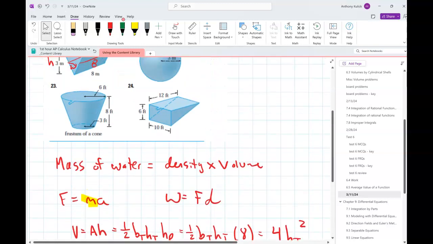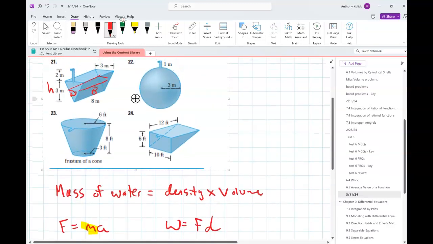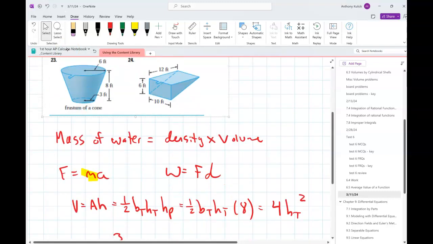And my work then is going to be the integral going from, let's see, the lower bound should be 5, right? So we have to pump it up 5 meters from the very bottom. And the upper bound should be 2, right? Because at the very top of the thing, we still have to pump it up 2 meters.